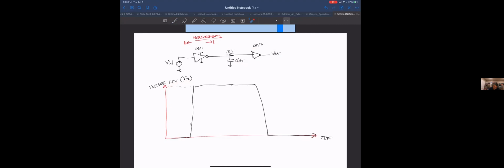Okay, so the output at this point, int, is going to look like this. I'm drawing kind of an extreme case. It's inverting from here. I drew this falling edge really badly; assume it's happening very quickly.